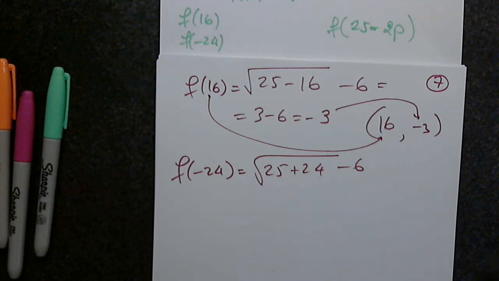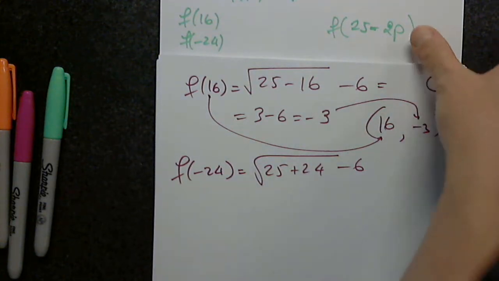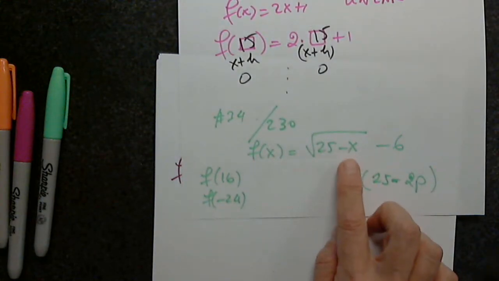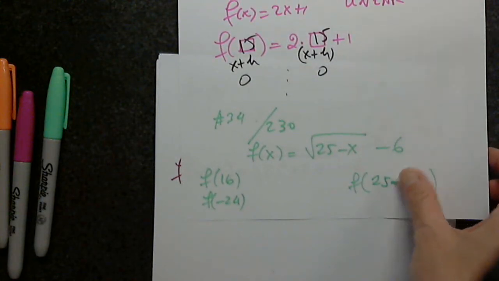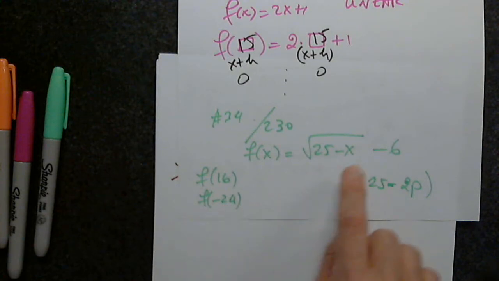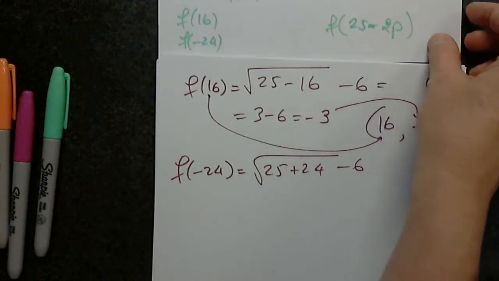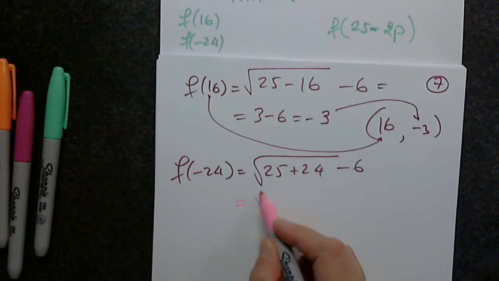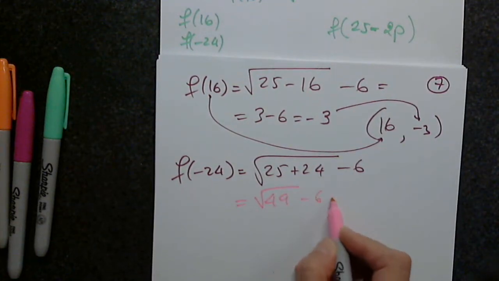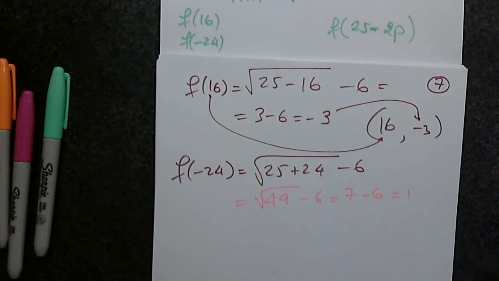Because x is negative 24, you plug in minus and negative is plus. The original equation has minus 6. So when you have two negatives, it becomes positive, because of the minus x. Is that clear, everyone? Yes. So when I plug in negative 24 with minus in front, it becomes positive. So now this will become the square root of 49 minus 6, which is 7 minus 6, which is 1.